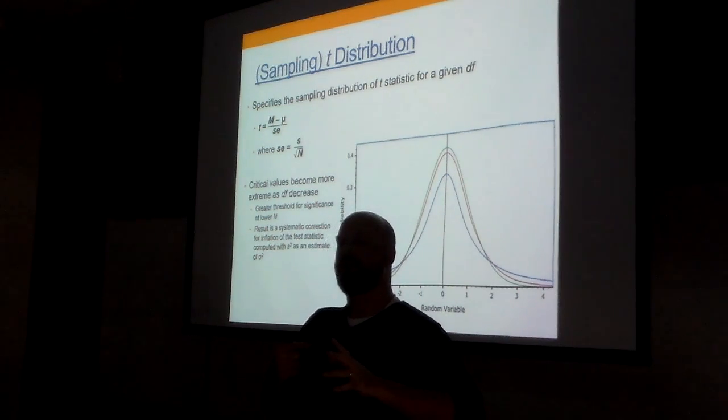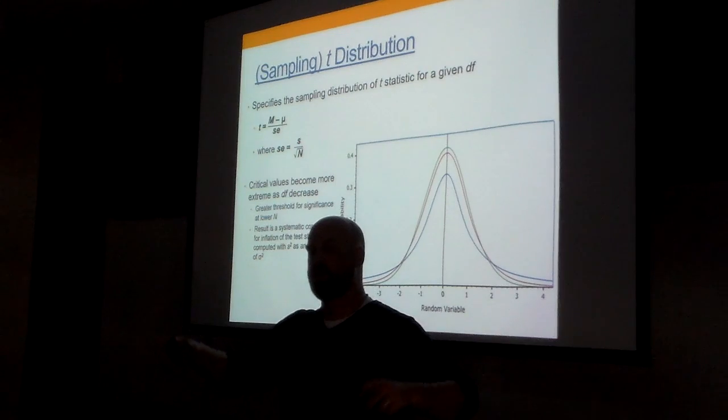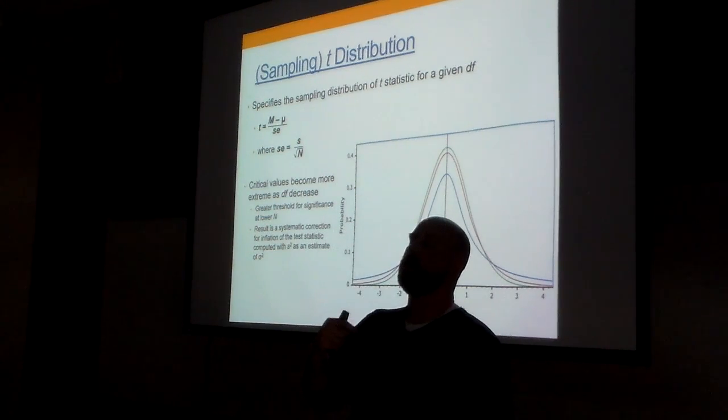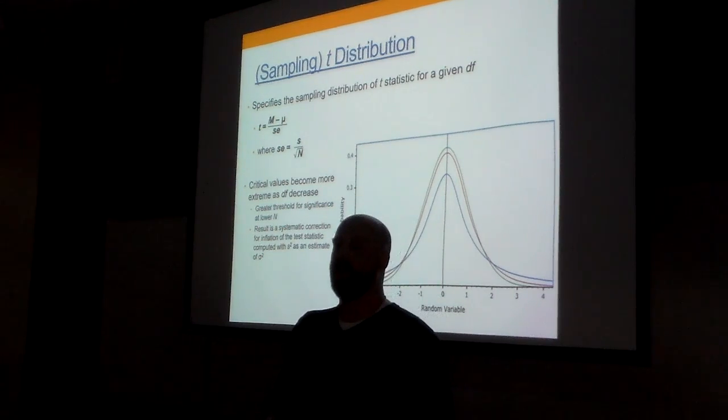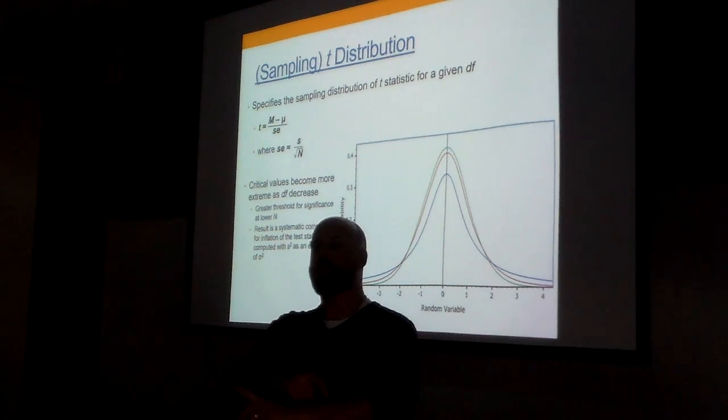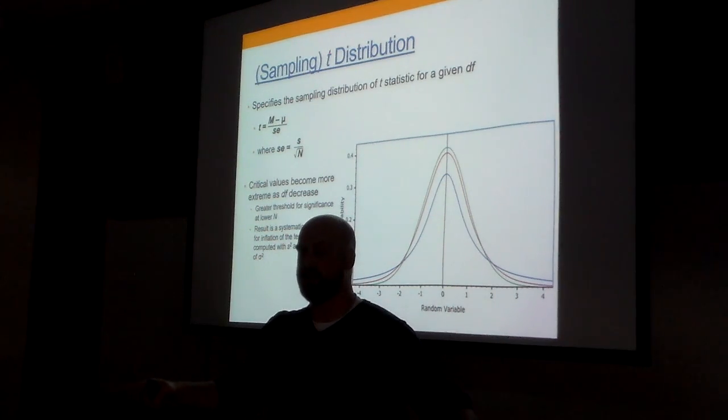So if I were to replicate a study an infinite number of times, using my sample variance as an estimate for my population variance, the distribution of that statistic wouldn't fall on a Z curve. It'd fall on a T curve.